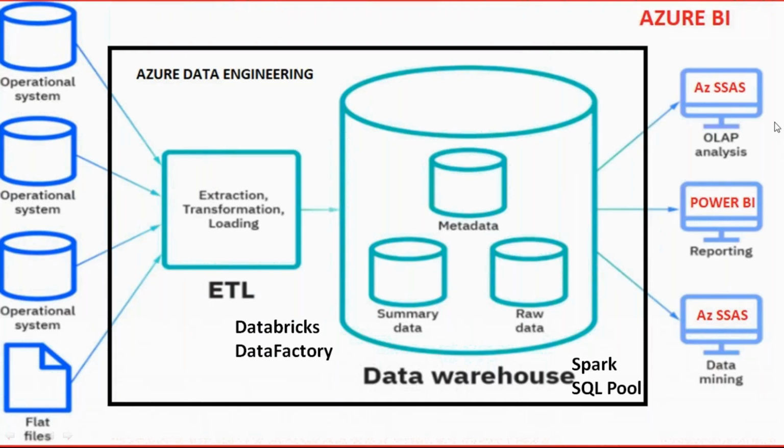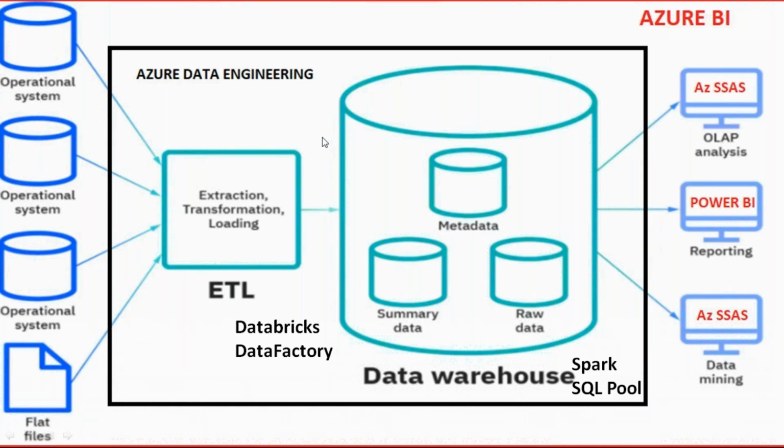Left side, OLTP databases. Remember, I repeat, I said there are two types of databases, right? OLTP and what's the other one? Data warehouse. And I said a few more coming up. You see on my screen something called OLAP.